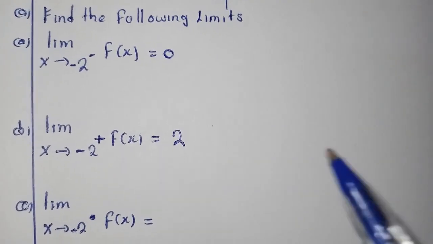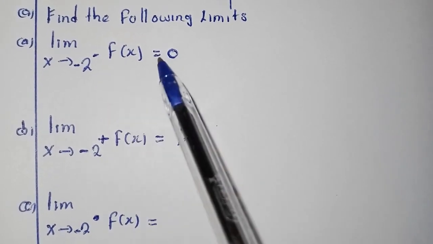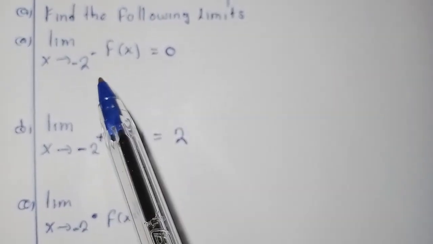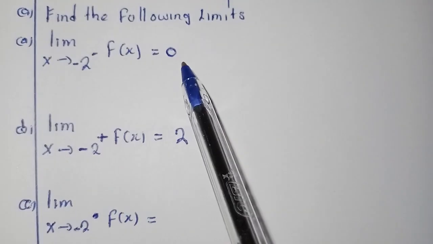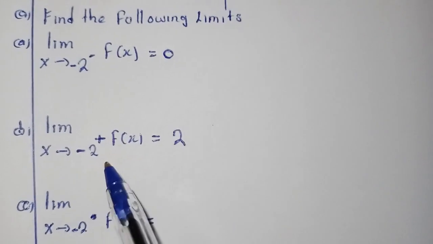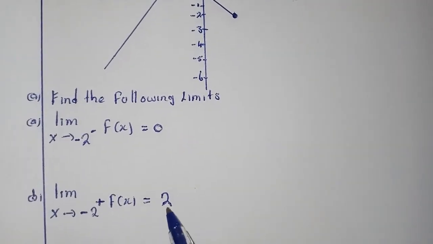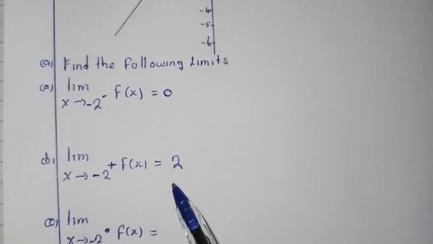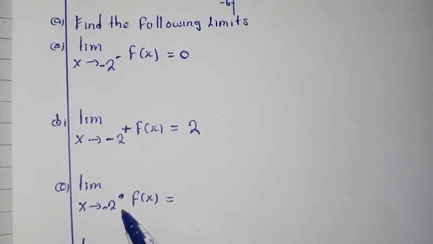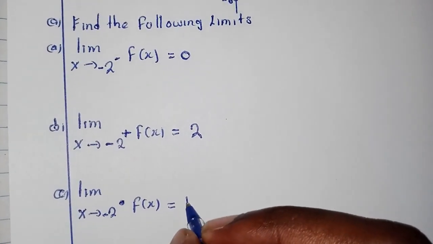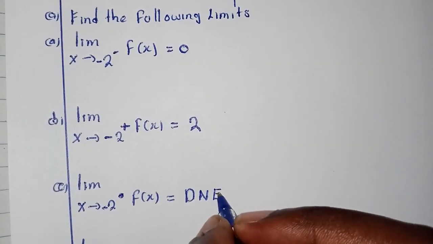All you have to do is simply look at the first figures that you found. When you approached this value from the negative hand side, it gave you 0. When you approached this same value from the positive hand side, it gave you 2. This tells you that the limit at negative 2 does not exist.